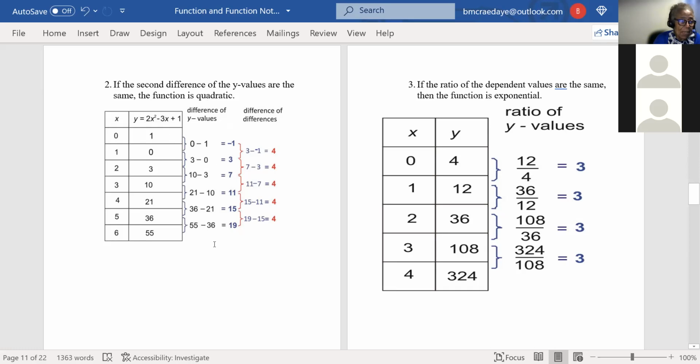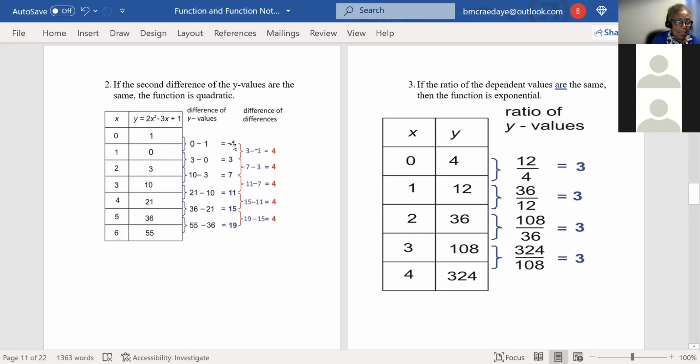So we know it can't be linear because none of these differences are the same. That's 55 minus 36, you get 19; 36 minus 21, 15; 21 minus 10, 11; 10 minus 3, 7; 3 minus 0, 3; 0 minus 1, minus 1.